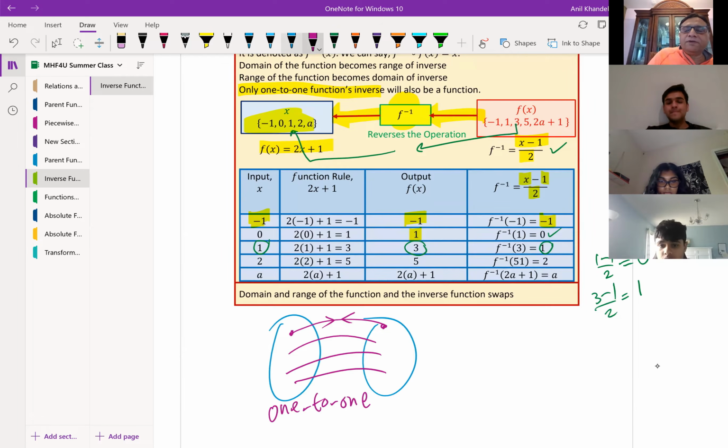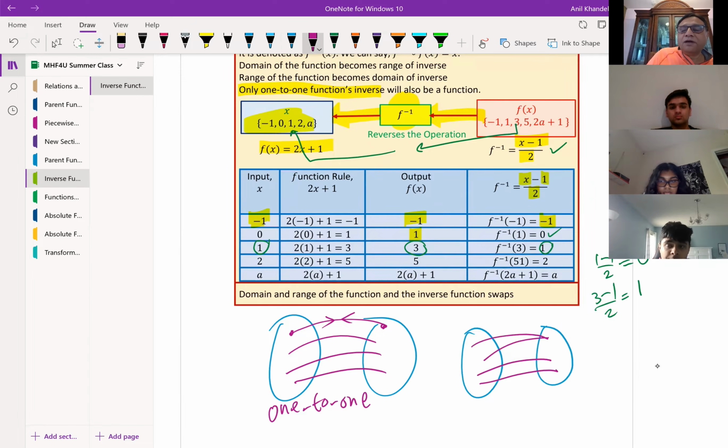On the other hand, if I have many to one, for example, I could also have a function which is like this, right? Now in this case, both of them give me one value. For example, let's say we have x square. In that case, -1 and 1 will both give me 1, correct?